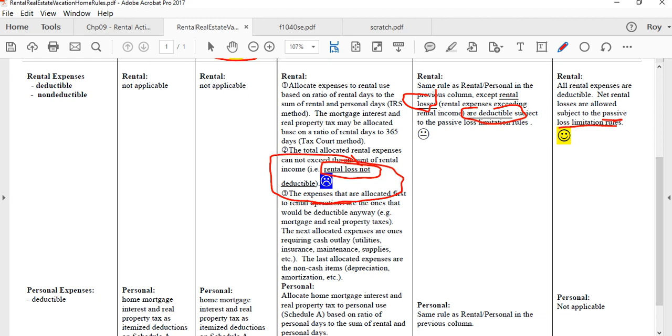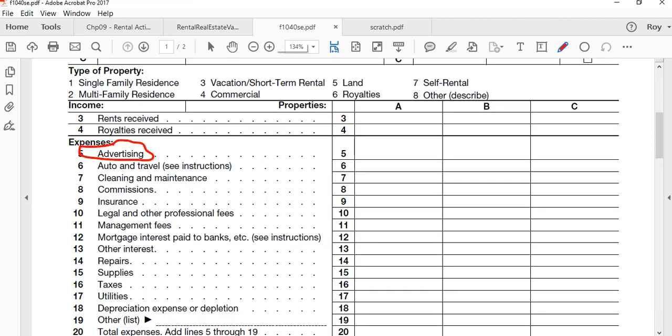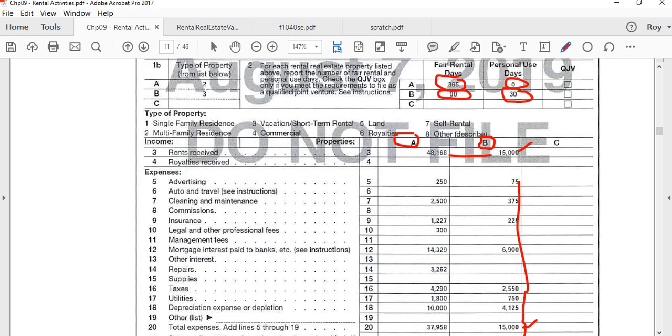So now the order you're going to claim the expenses, if I can get back to my example, is here for this property. The expenses you're going to deduct first is the mortgage interest and the real estate taxes. Expenses that you can deduct anyway, right, as itemized deductions.